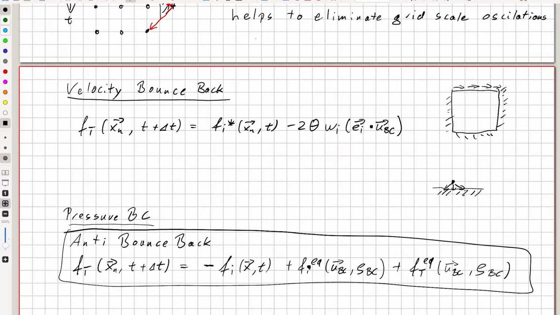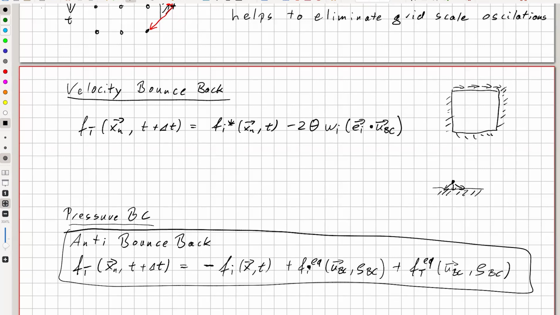Okay, so I know it drops a little bit from the heaven, but the difference, what the thing does is this: the bounce back boundary condition, if you think about it, sets a first order moment, right?